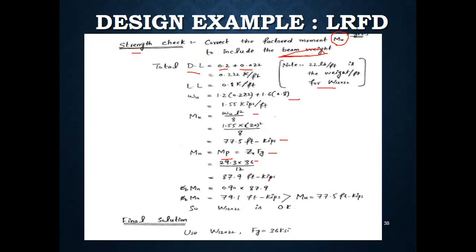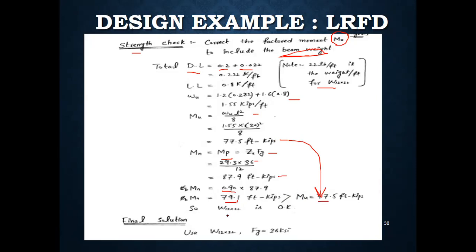Now its value comes out to be 87.9 kip-feet. Once we multiply this 87.9 with the factor of safety, which is 0.9, its value comes out to be 79.1 kip-feet, which is more than the ultimate moment acting due to the load, which is 77.5.